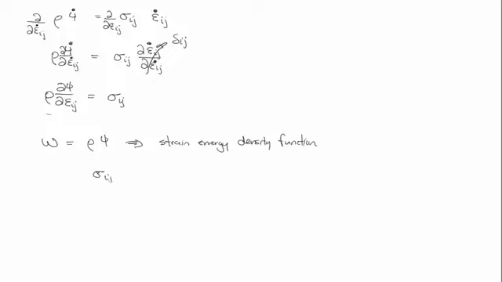And so with that, we have that the stress is the partial derivative of the strain energy density function, which is a scalar function of the strains, so we have this relationship.